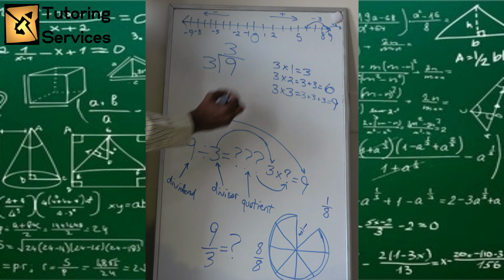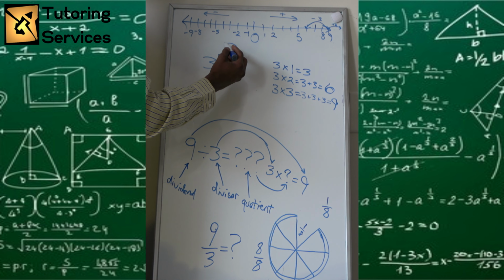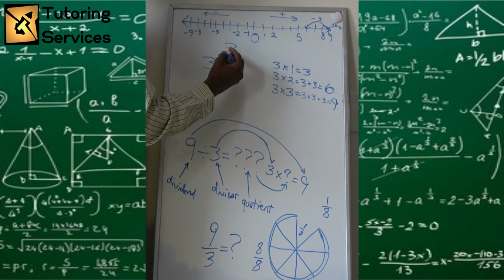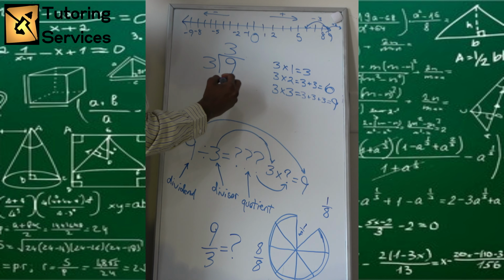So that is your answer. And if you don't believe that's your answer, you take this quotient and multiply it by your divisor. 3 times 3, we already know, gives you 9. 3 plus 3 plus 3.